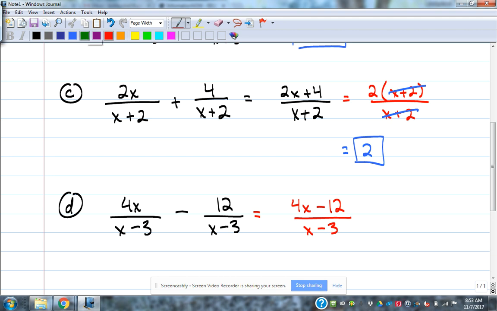So, will the numerator factor? All right, so 4 parentheses x minus 3. That's kind of handy because that denominator is x minus 3. And that means they cancel. And that one ends up just being 4.